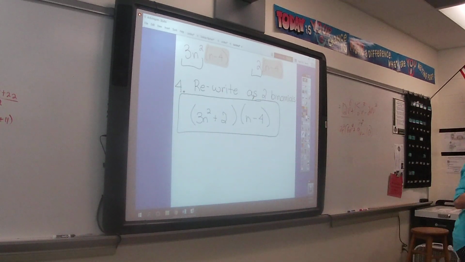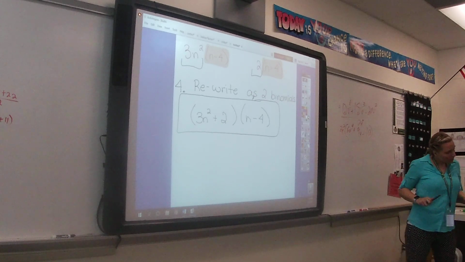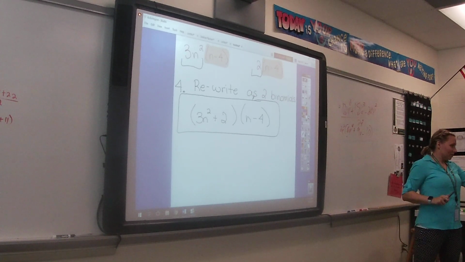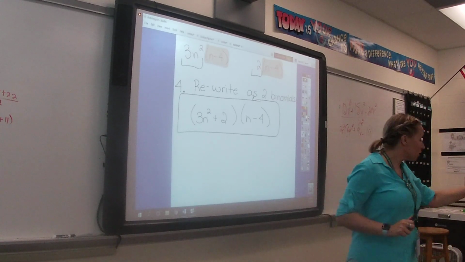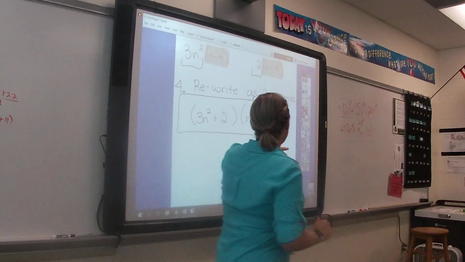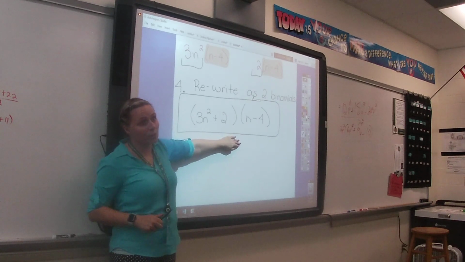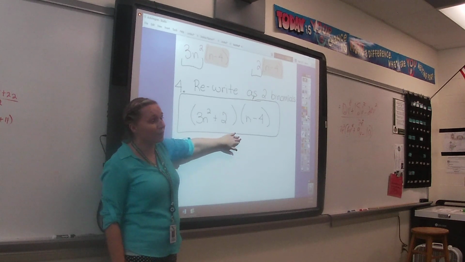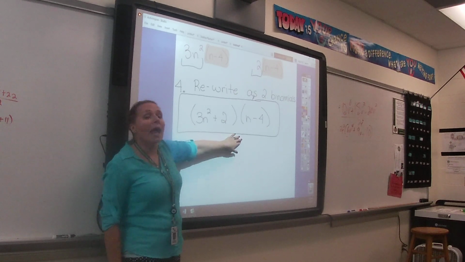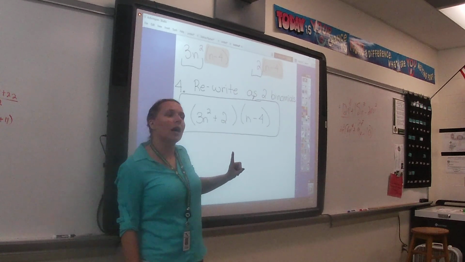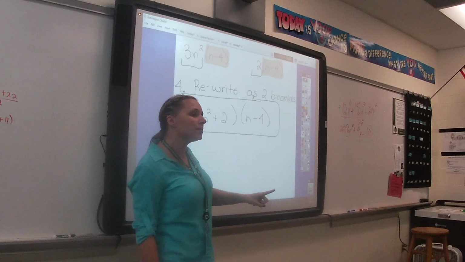Now, let's talk about what we're doing. We said factoring is undoing multiplication. Yes, Aiden? Now do you have to multiply those? No. Because we said factoring was undoing multiplication, and this should look pretty familiar to us, right? How many times have we multiplied these things out? A lot. More than you all cared to. If we wanted to multiply this out, we would distribute twice.